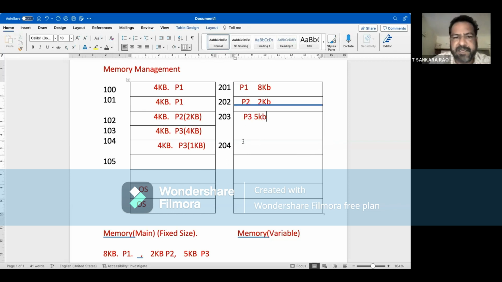So now is the problem solved here? However much size is required, that much size is allocated.